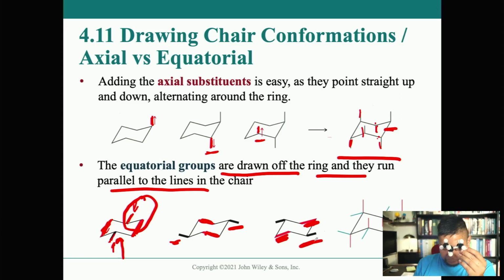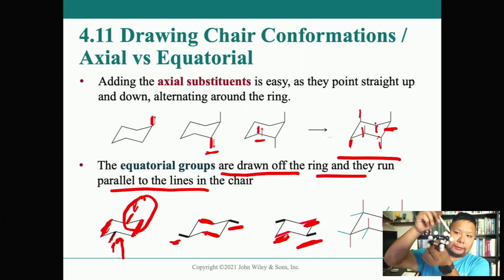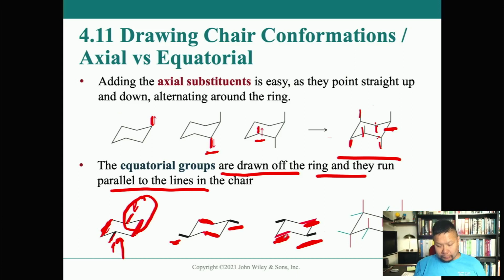I was right the first time. And then for this one, it would be this bond right here, and it's parallel to the hydrogen that's back here. See? Right there. Again, it's much easier to see if you hold this in your hands.